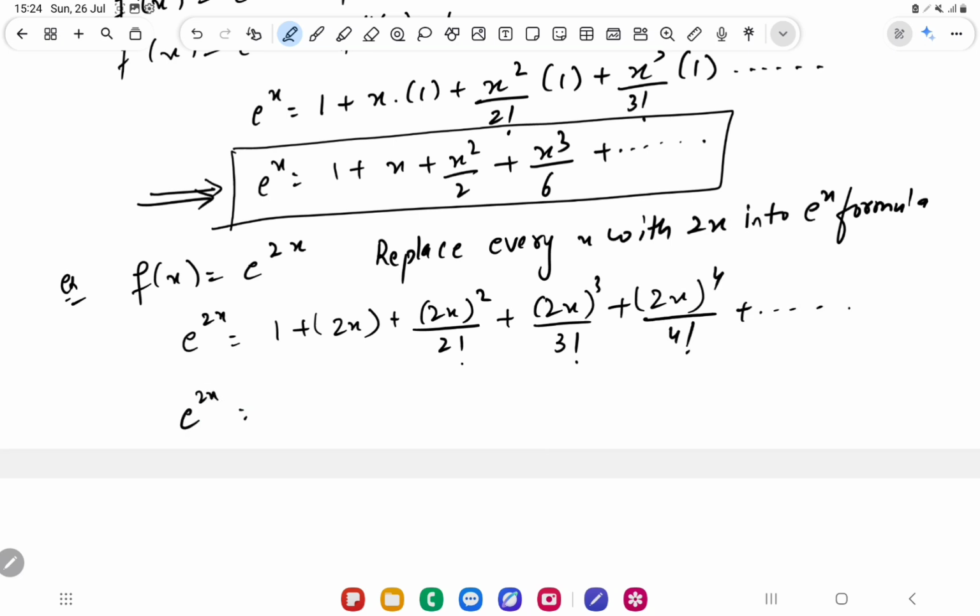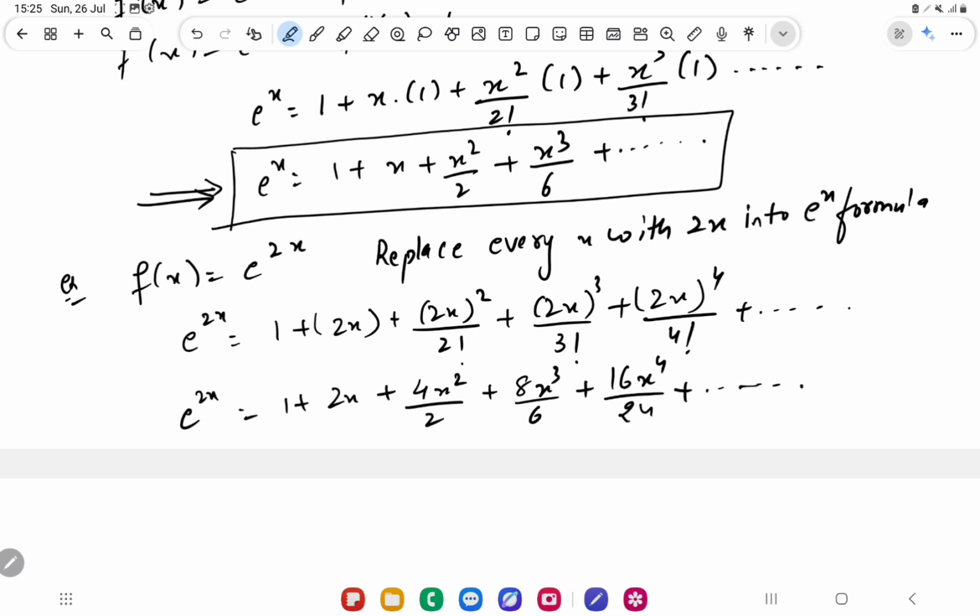Now you just need to open the brackets. So after opening the brackets I will get 4x square over 2, 8x cube over 6, 16x to the power 4 over 24, and so on.